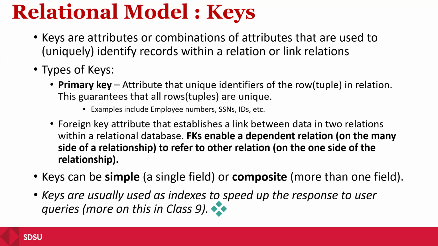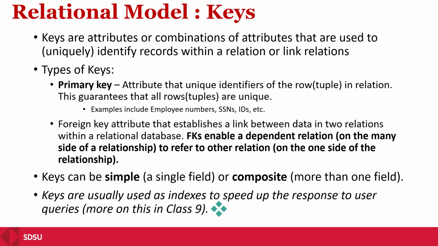For example, if you have an employee relation, the primary key there will be employee ID, and employee ID must be unique for each row of the table. So there can't be two exactly the same employee IDs within this relation.